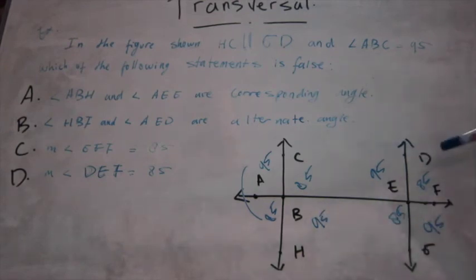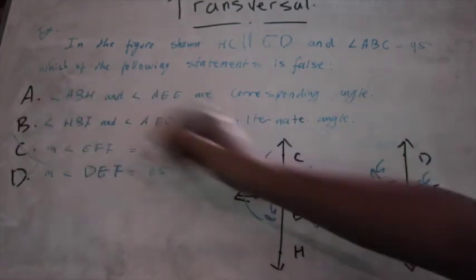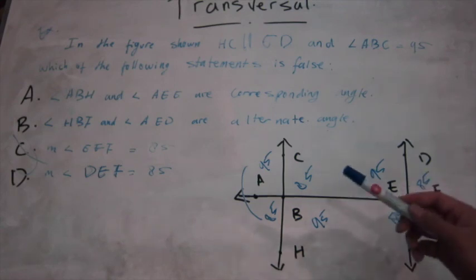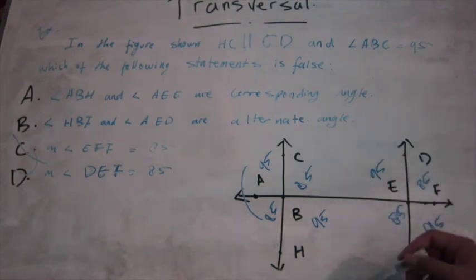Measure DEF. Let's see. DEF is equal to 85. That's right. So we're going to cross out C. So yes, that checks out, and that is a short introduction to transversals. Thank you.